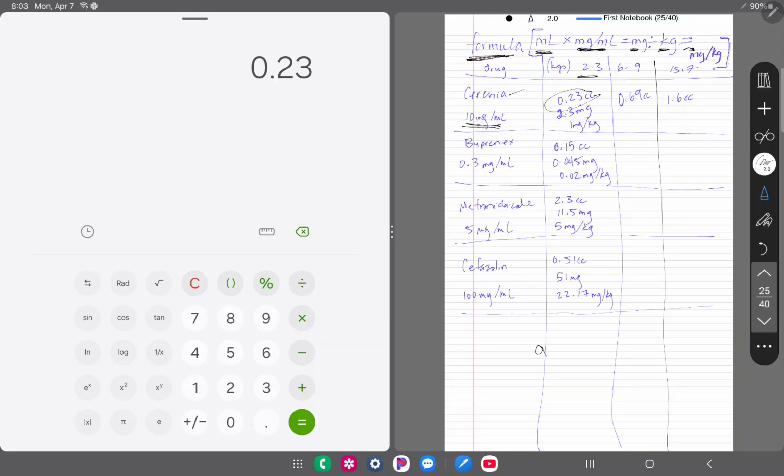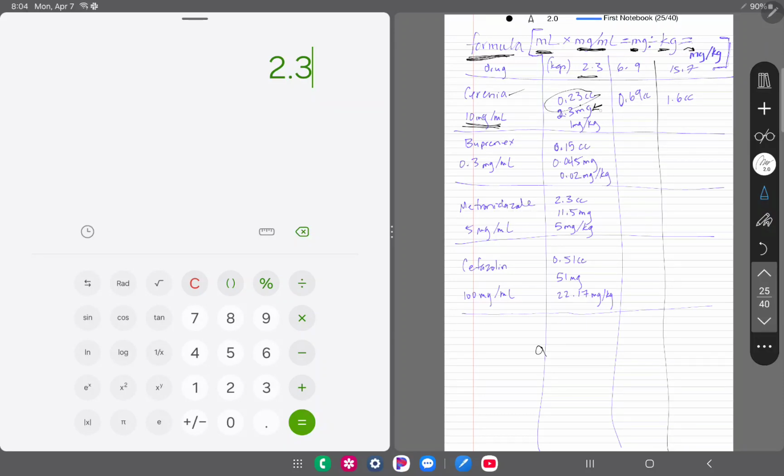That's the concentration on the bottle. So if I take this times 10, my answer in milligrams is 2.3 milligrams. Excellent.